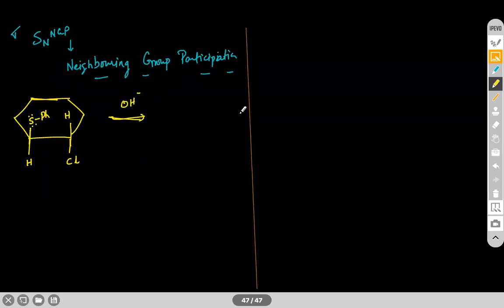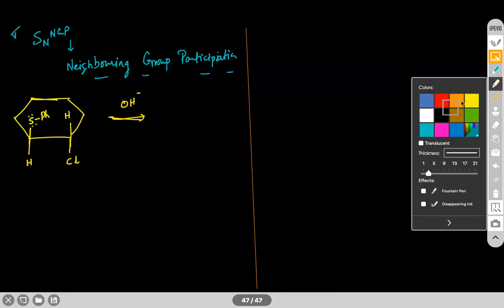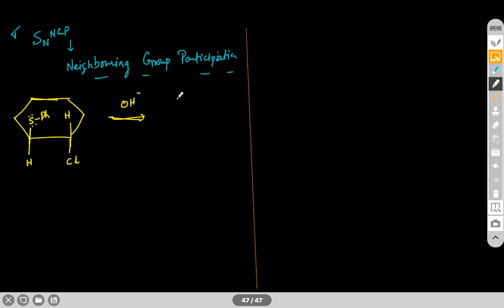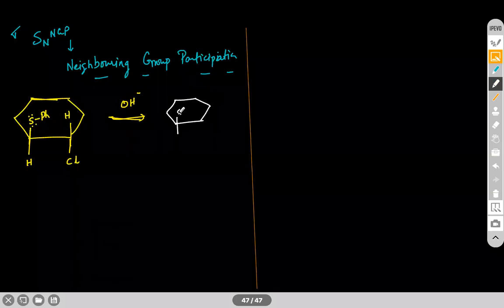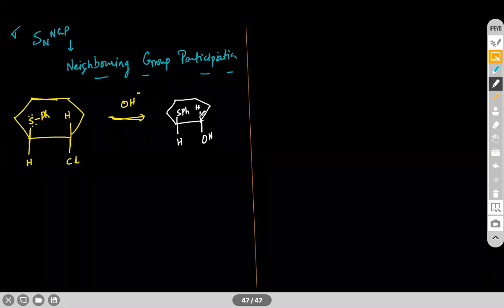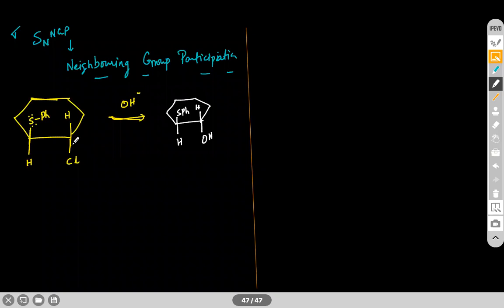This reaction again takes place in presence of a base. Okay. And the product that we get here, when you have OH, it is this SPh, H, here we get OH, and here we get H. This is the product of this reaction. This OH, you can say, simply replaces the chlorine atom, which is the leaving group here.